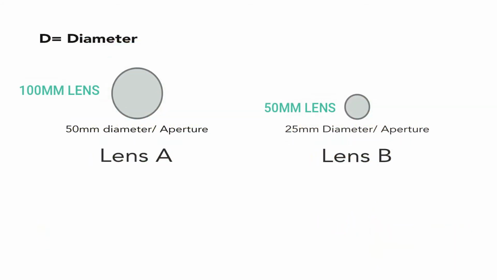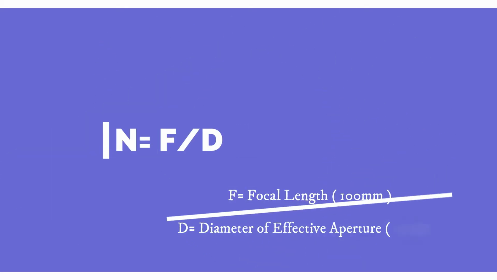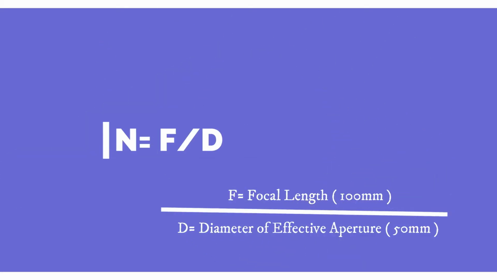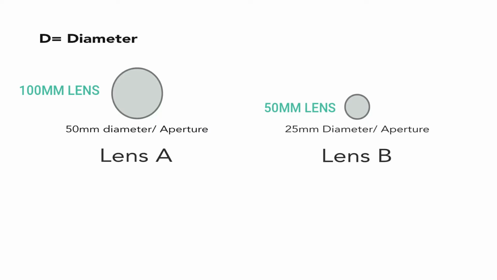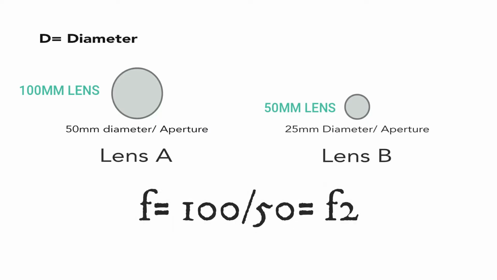One is 100 mm and another one is 50 mm. Suppose the 100 mm lens has an aperture diameter of 50 mm, then the aperture value would be f/2, because N equals f divided by d, where f denotes focal length and d the diameter. So if you calculate 100 by 50, then the effective aperture ratio would be 2.